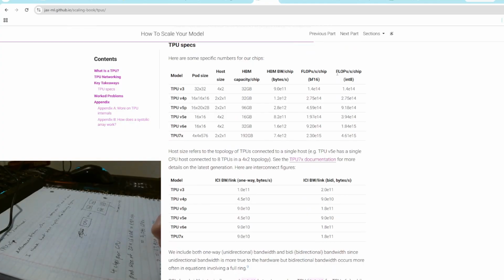So total flops per second equals flops per second per chip times chips, which equals V5P 4.59 E14 times 8,960.